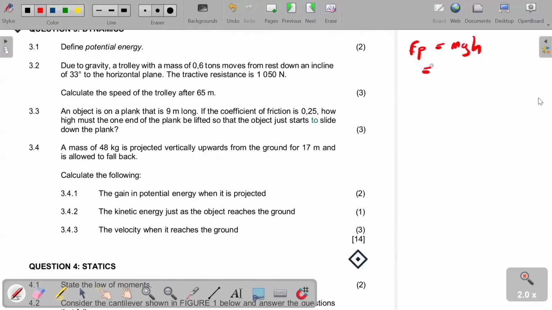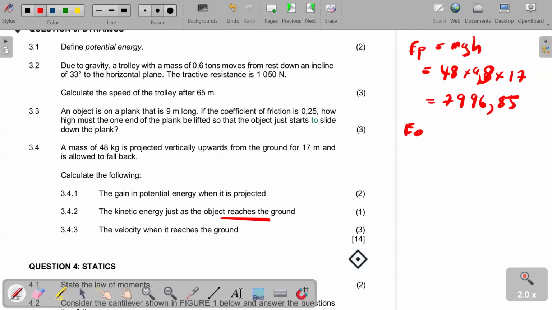The mass is 48, multiplied by the gravitational acceleration, 9.8, multiplied by the height, 17, and that in turn gives us 7,996.8 joules.